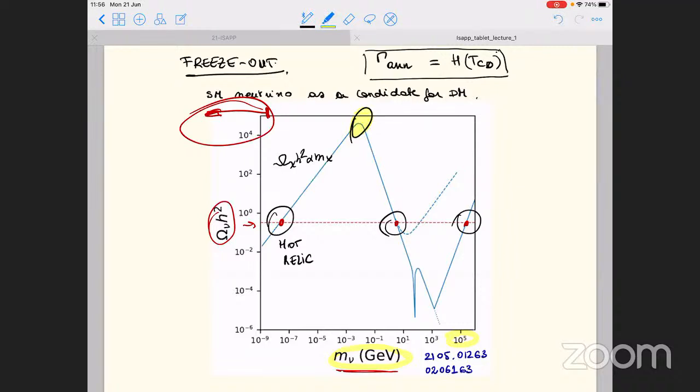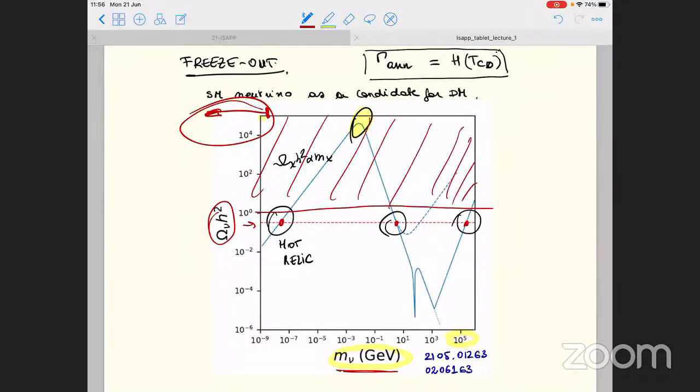What determines that point? Notice that this is a very large value, right? You have definitely your particle that is largely overclosing the universe. Everything that is above here doesn't make any sense, okay? Essentially, correct.